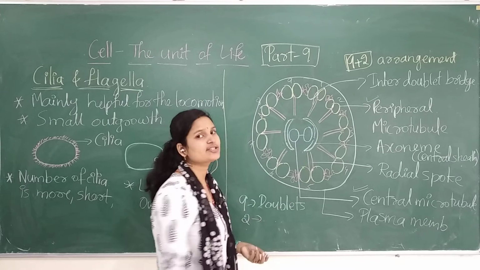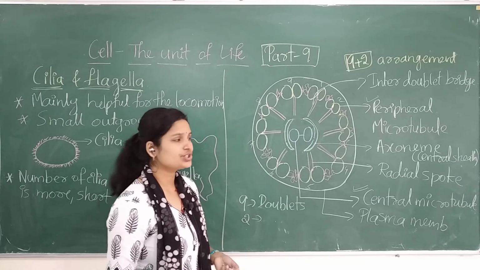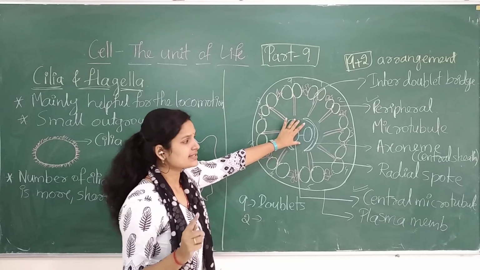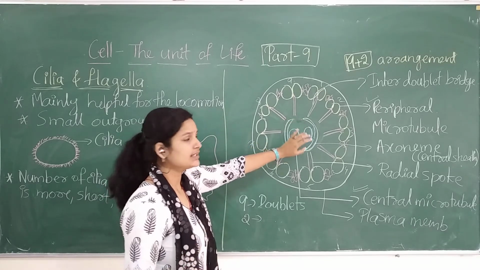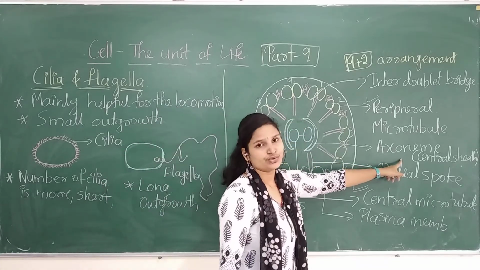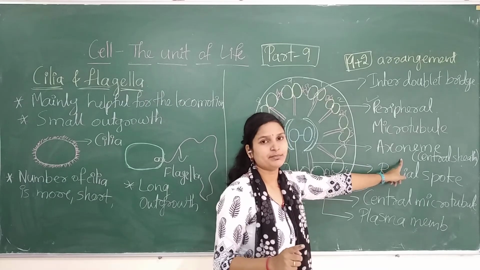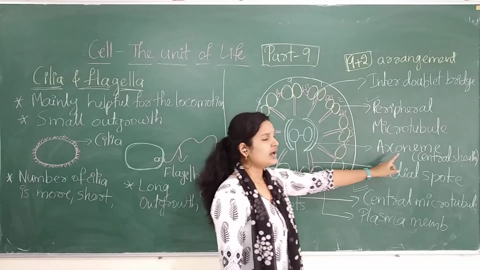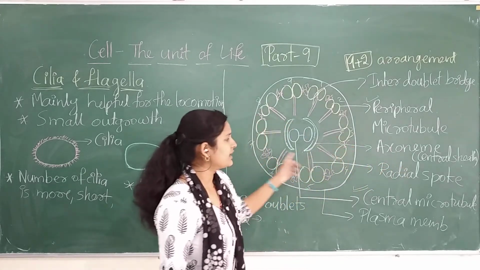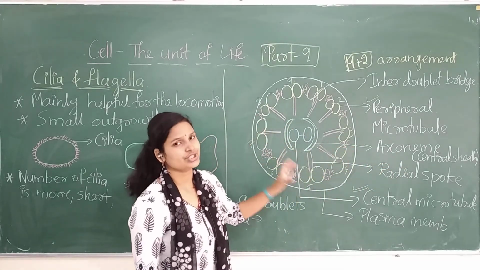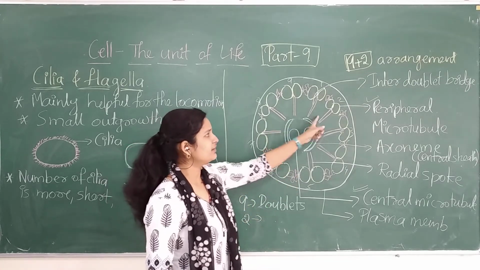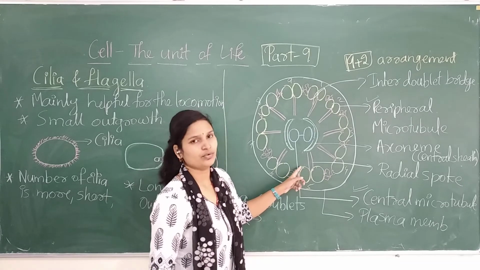The core part is called the central sheath, or another name we call it is axoneme. It's very important. Try to remember the core structure we call axoneme, and the part that is nothing but central sheath. And these are nothing but your radial spoke.